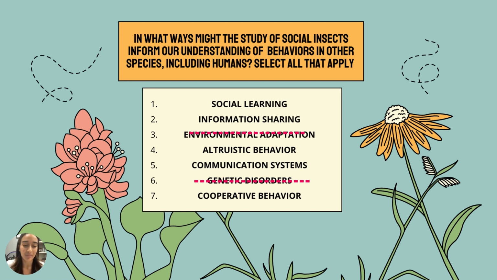The reason that environmental adaptation and genetic disorders are not included is because social insects teach us how to create better technologies and live in greater biological harmony with the planet. For example, we can learn from the collective behavior of social insects to develop resilient infrastructure that can protect from large scale failures.